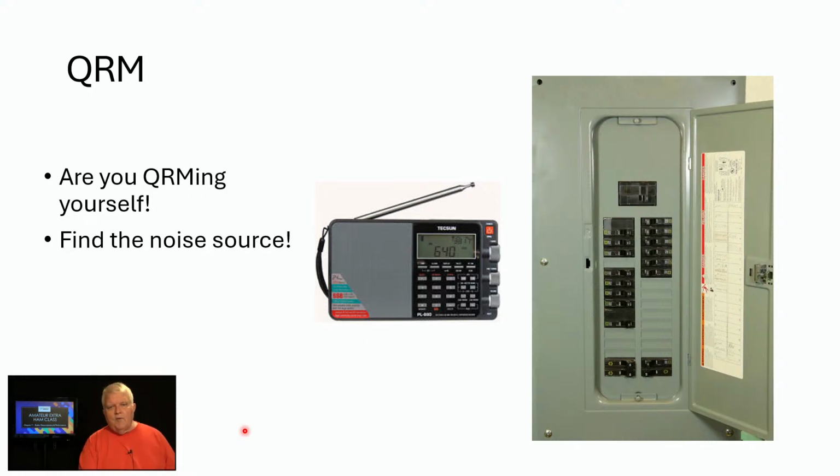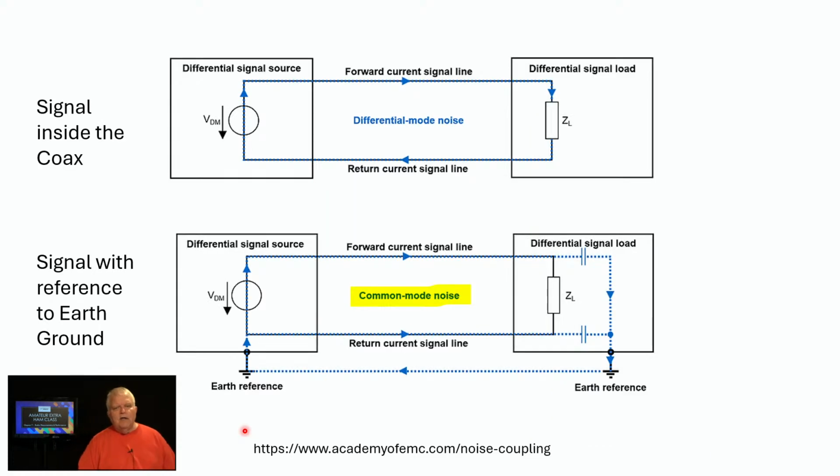What we're talking about when we're talking about noise signals in this case is what we know as common mode. If we look at signals inside of a coax cable, for example, it's differential. If it's going positive on one side, it's going to go negative on the other.